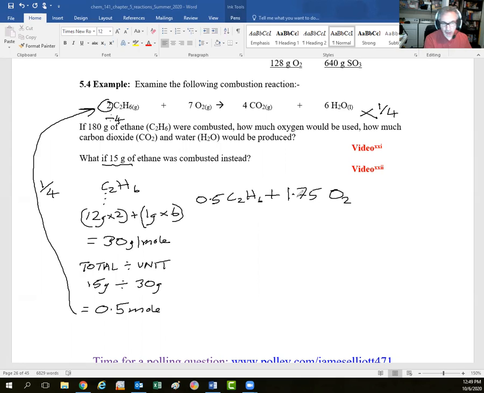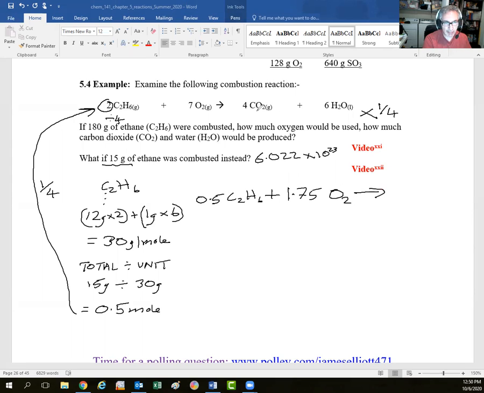Remember, we're allowed to have these decimal places now because we're talking about molar amounts. 1 mole would be equal to Avogadro's number, 6.022 times 10 to the power of 23 molecules. Even if we have a half mole, that's still 3.011 times 10 to the power of 23. Still billions and trillions of molecules.